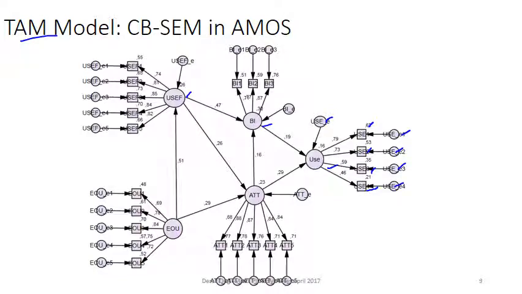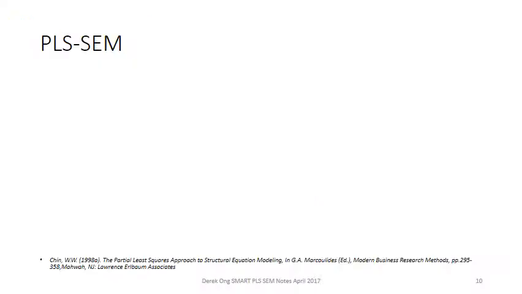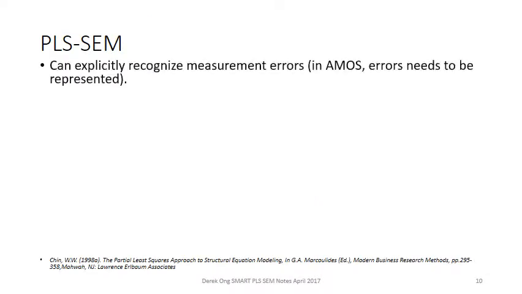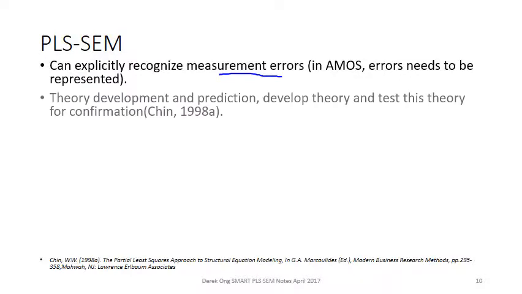I'm sure you can see that. But in SmartPLS, you can explicitly recognize the measurement models, which means you don't have to model the measurement errors, whereas in AMOS you need to.